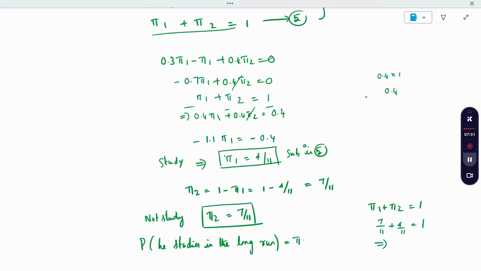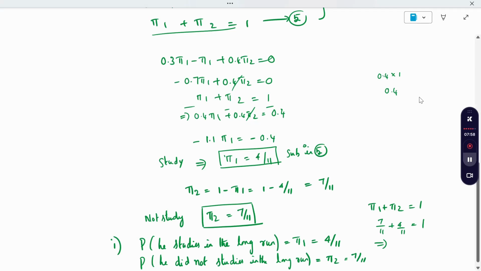So pi 1 is 4 by 11. It is not asked for when he does not study in the long run, which would be pi 2, 7 by 11.